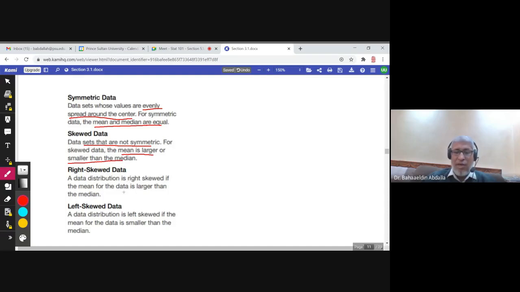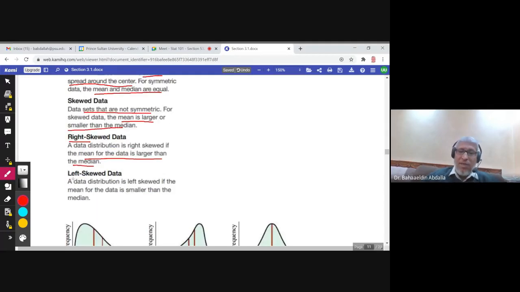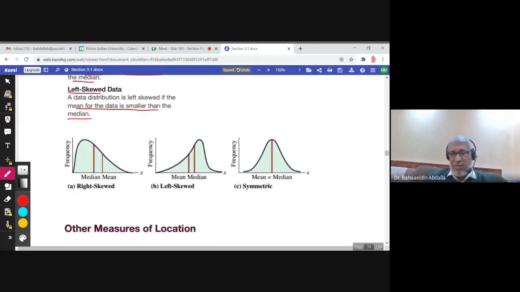It would be larger than the median if the data is right skewed. The mean would be smaller than the median if the data is left skewed. So here, symmetric data, mean equals median. Left skewed, the mean will go to the skewness, to the left. Right skewed, the mean will be to the right of the median.